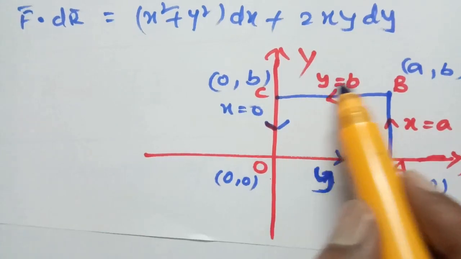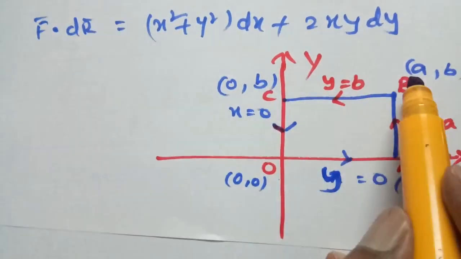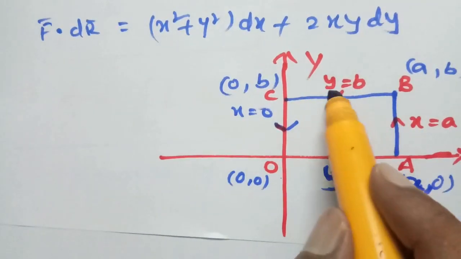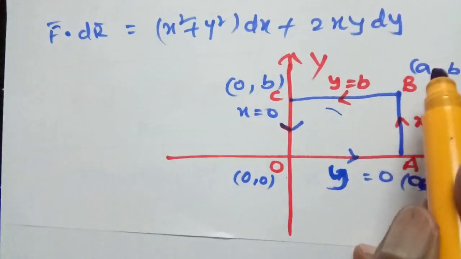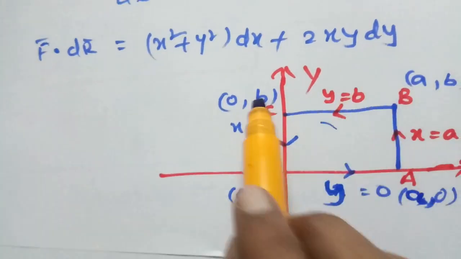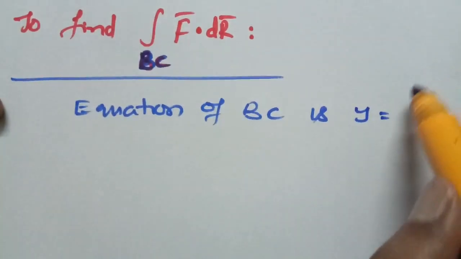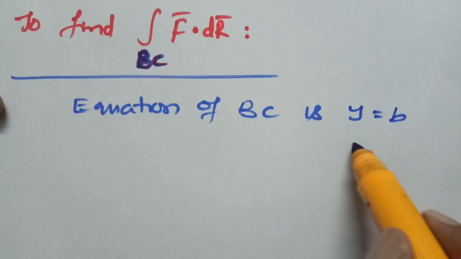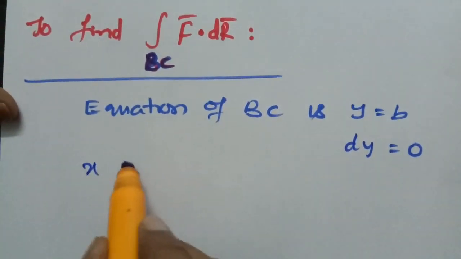Therefore, dy is equal to 0. Direction is in this direction, so x varies from a to 0. Direction is very, very important. Y equal to b, therefore dy equal to 0, and x varies from a to 0.